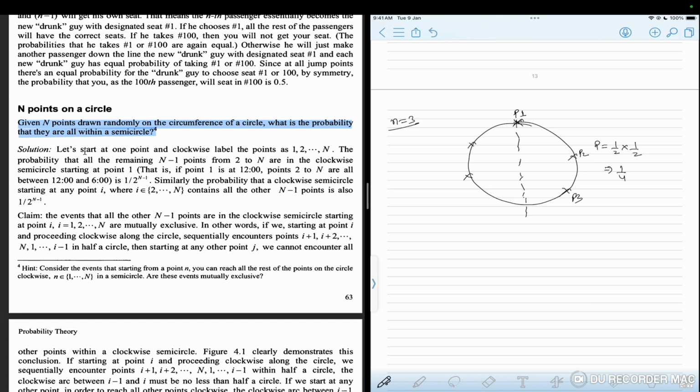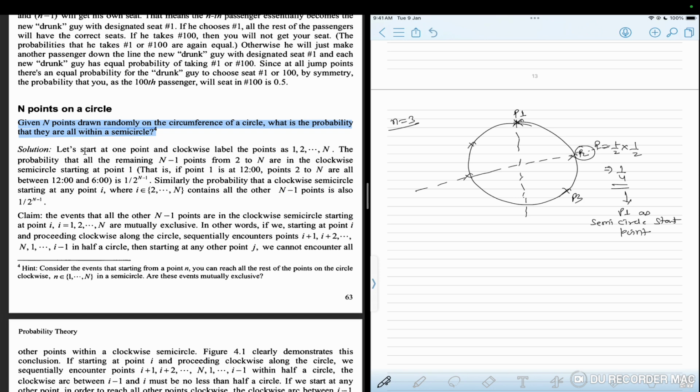Now this was the probability when we chose P1 as the semicircle start point, and we went clockwise and we chose P2, P3 on one side of the semicircle, and we got the probability as 1 by 4. Now what if P2 is the starting point? In case P2 is the starting point, this would be the line.